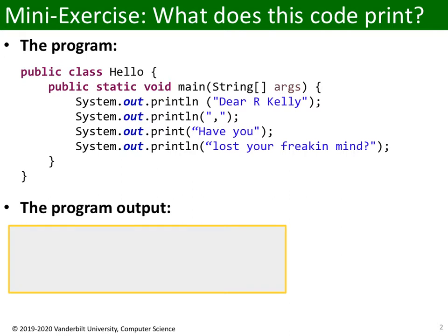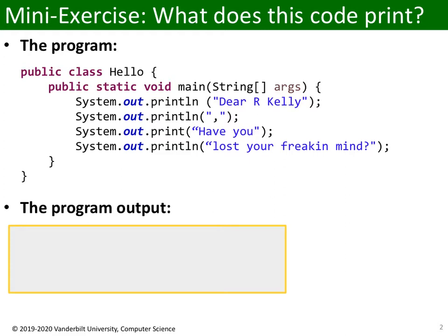So if we remember, print line will print the string in quotation marks and a carriage return following the last item. So this should be Dear R. Kelly and then carriage return.